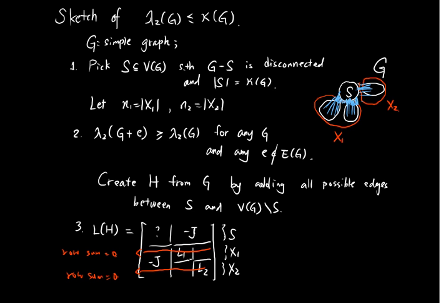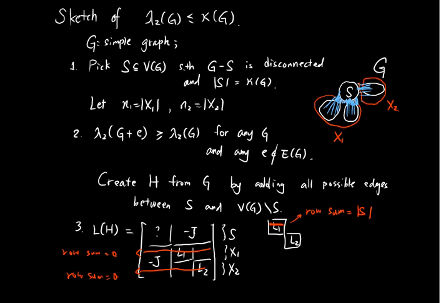It means that if you just look at the row sums of L1 and L2, then the row sum of L1 is equal to the size of S, right?